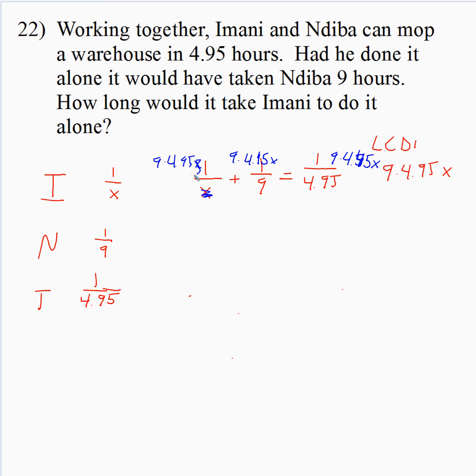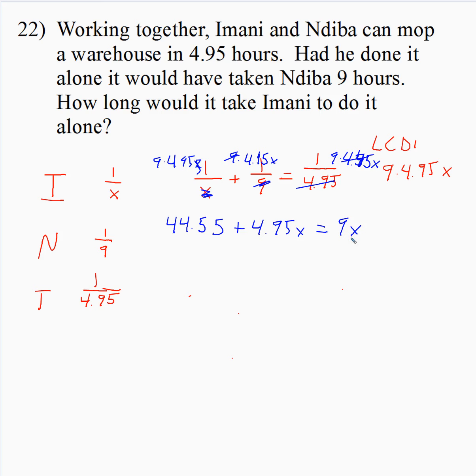So we have 9 times 4.95, and that is 44.55. Plus, here the 9's simplify, and that's 4.95x. And on the right side, the 4.95 simplifies, and you're left with 9x.